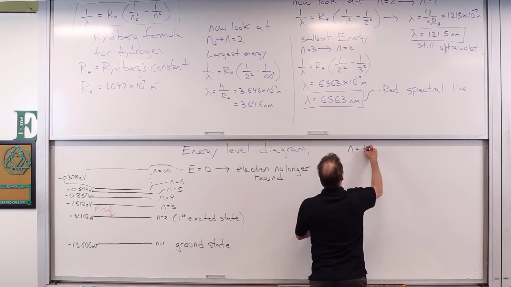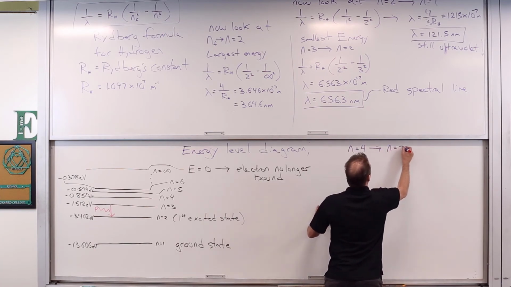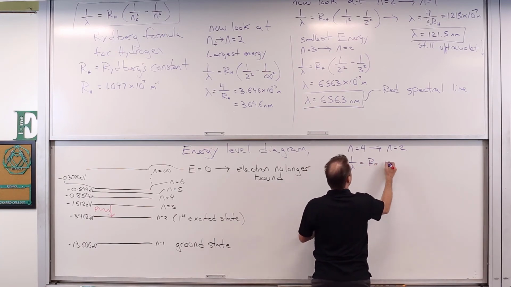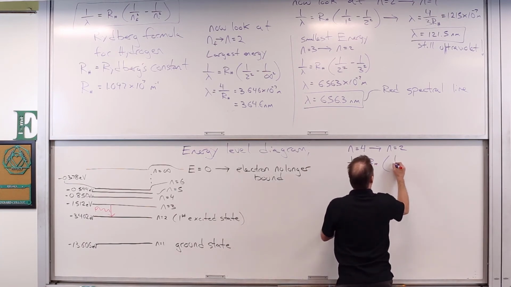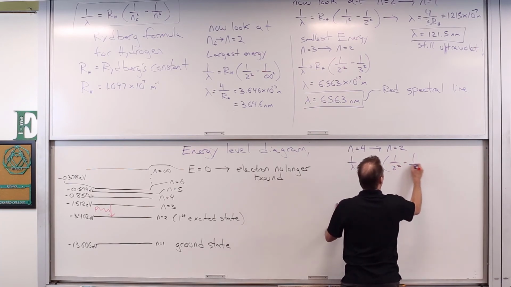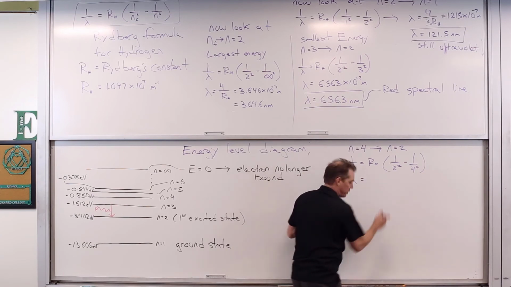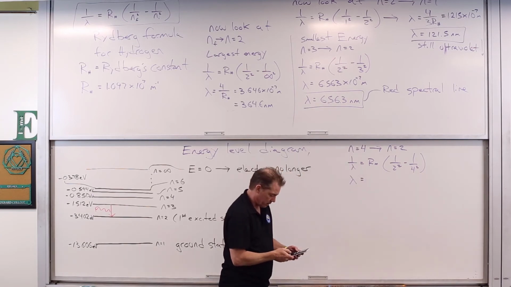N equals 4 to n equals 2 gives us 1 over lambda is equal to, again, r sub h times 1 over 2 squared minus 1 over 4 squared, which gives us lambda. And this one will start speeding up a little bit.